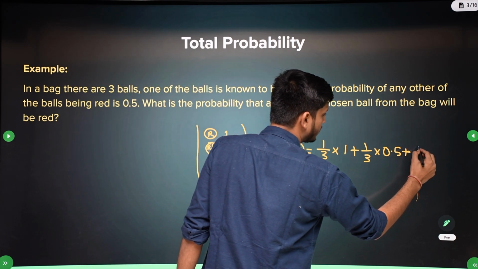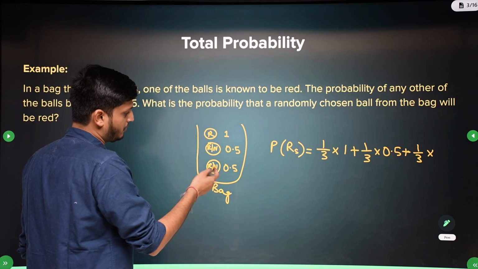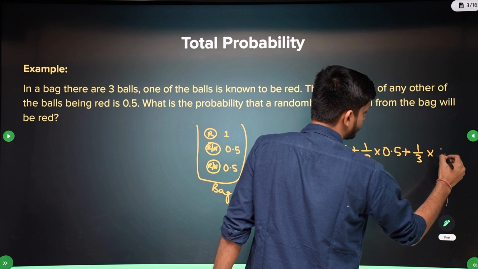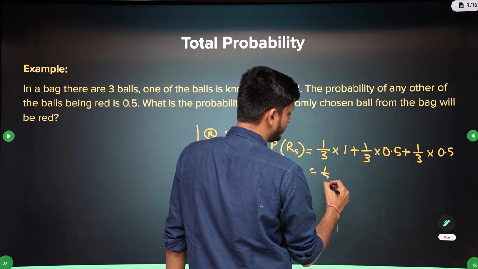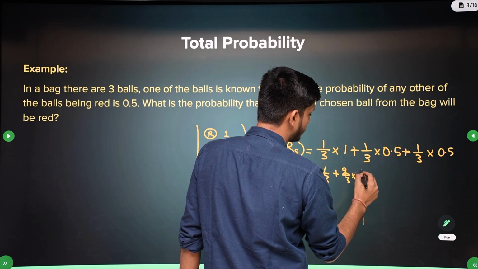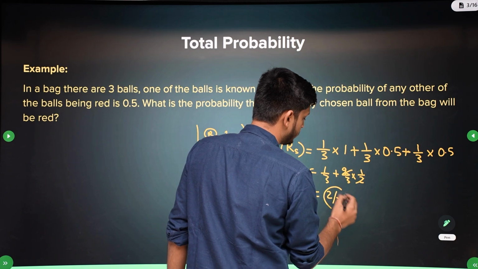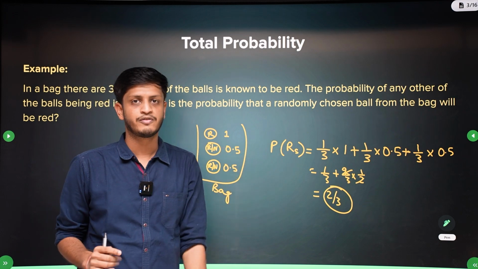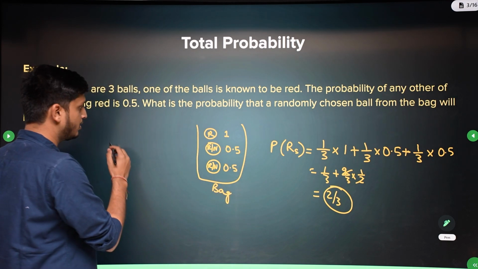And the probability of choosing the third ball is 1/3. And the probability of getting a red ball given the third ball is chosen is 0.5. So it is 1/3 plus 1/3 times 1/2 plus 1/3 times 1/2, so it's 2/3. So there are 2/3 chances that overall, if you choose a ball randomly from this bag, it will be red in color. Okay, if you want the diagram, I can draw it.